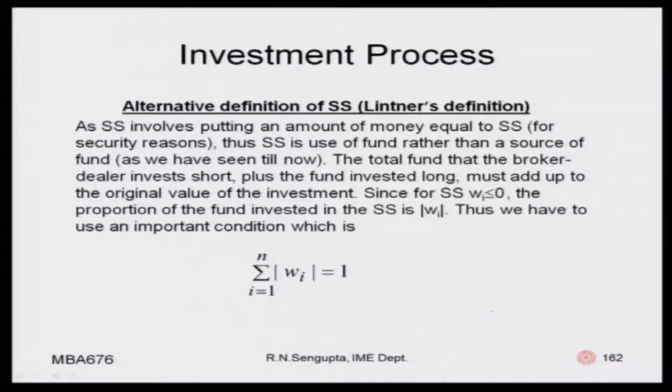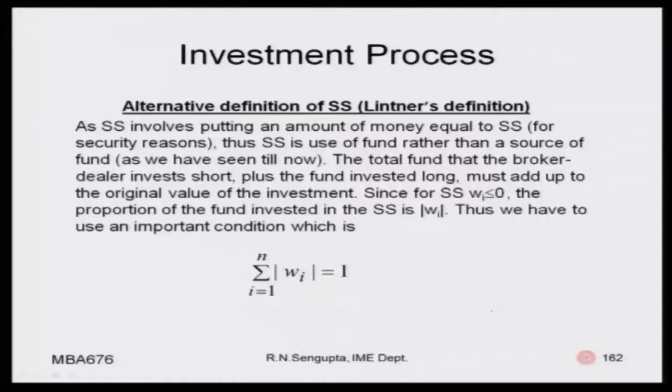Considering that collateral concept, and if you want to incorporate it as a short selling concept as well as an optimization concept, Lintner has proposed a model where the sum of the mod of the weights should be equal to 1. So, rather than only the weights, we should consider the mod of the weights equal to 1, and obviously there are solution techniques for that, but we will consider a very simple solution technique based on which you can solve this problem.